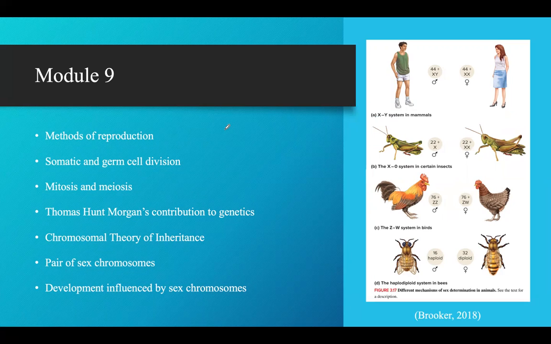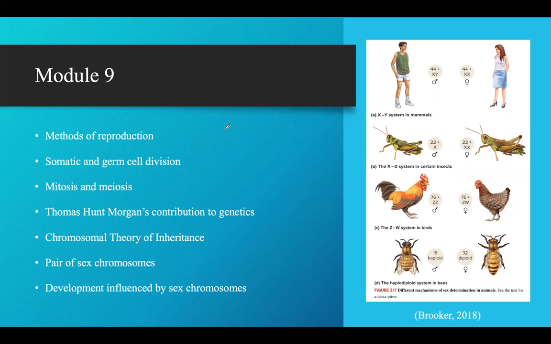Through these experiments, he proposed the chromosomal theory of inheritance, which is a very well-known theory today. It states that there is genetic linkage with chromosomes, and that certain genes are linked due to their location on the chromosome. Whether they are on the same chromosome or a different chromosome affects the way recombination and crossing over works.